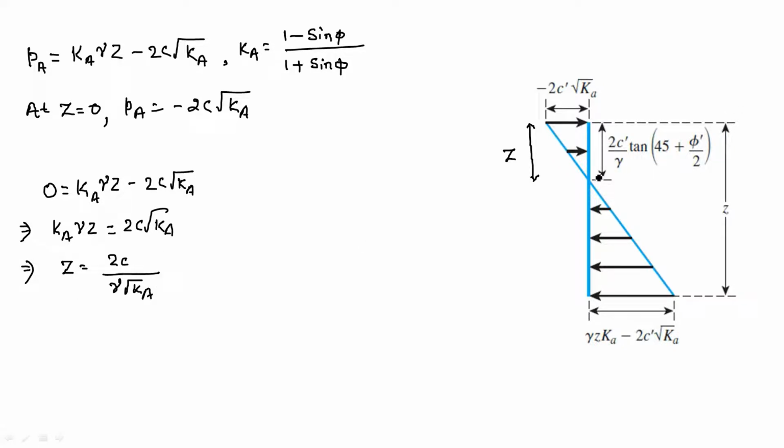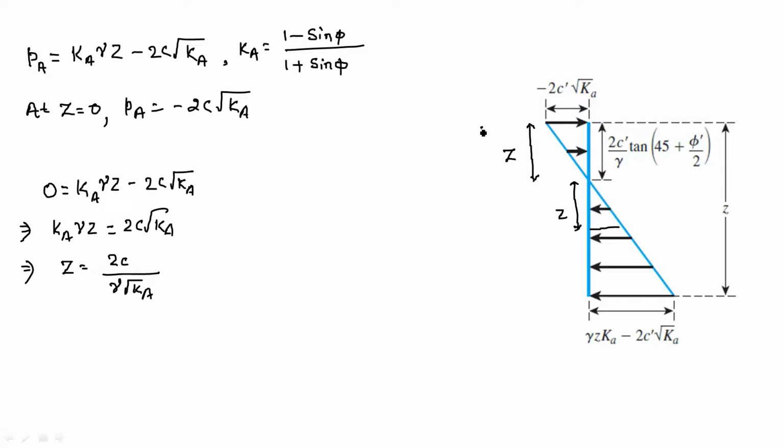Now after this point, if we move towards the bottom for the same distance z, we will get the same stress at this point, because this pressure equation is linear with z.